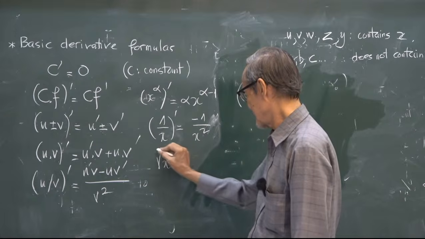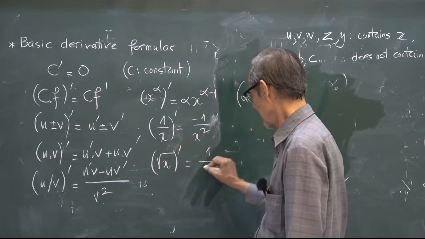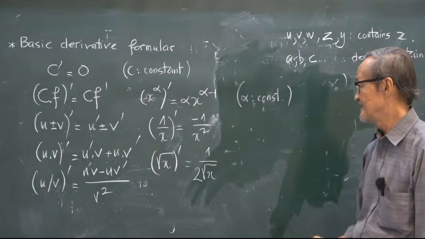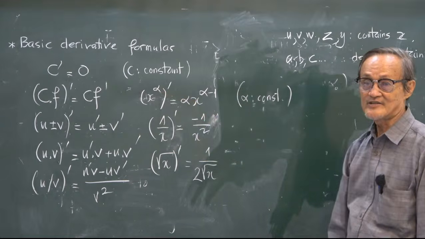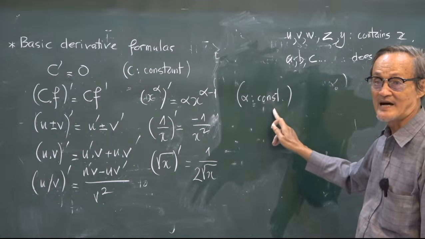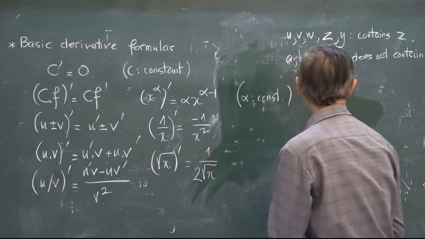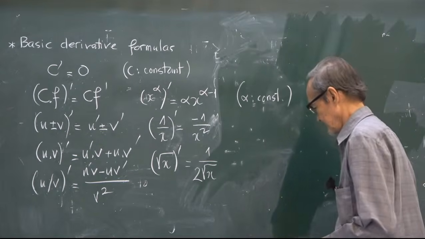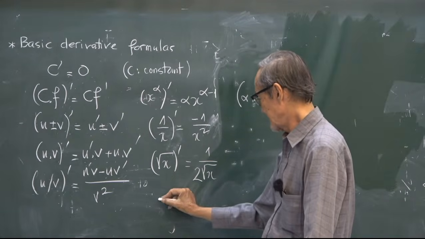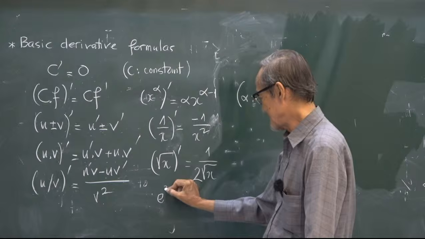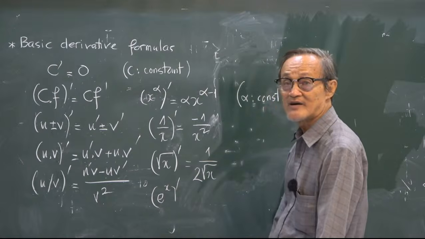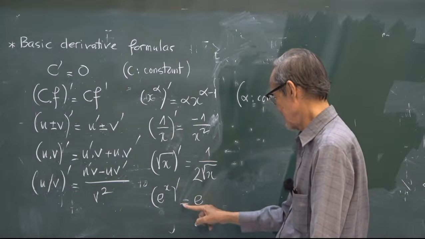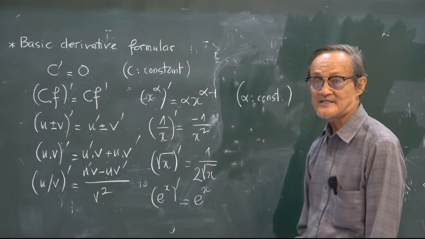Square root of x, prime, equals 1 over 2 square root of x. Okay. We denote alpha, similar to A, is a number constant. And exponential e power x, prime, equals e power x, exponential function.